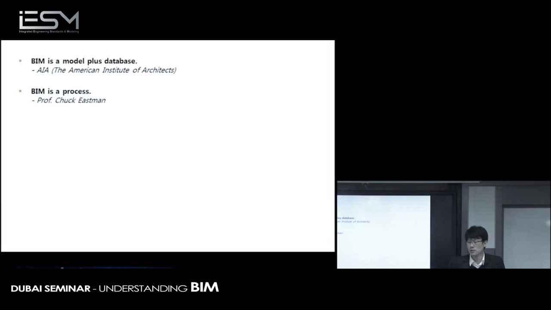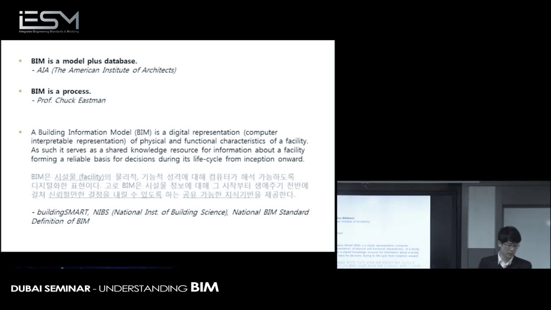In terms of process, there is a time axis. So he puts an emphasis on taking a look at the timeline for a building information model. There is this definition, but actually a more specific and representative definition is here.